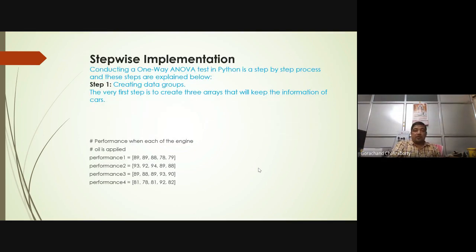So we have given a stepwise implementation. Conducting a one-way ANOVA test in Python is a step-by-step process, and these steps are explained below. First of all, we have to create data groups, which we have created as performance 1, performance 2, performance 3, performance 4.